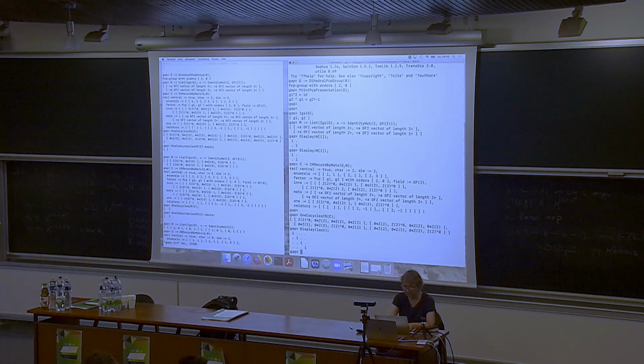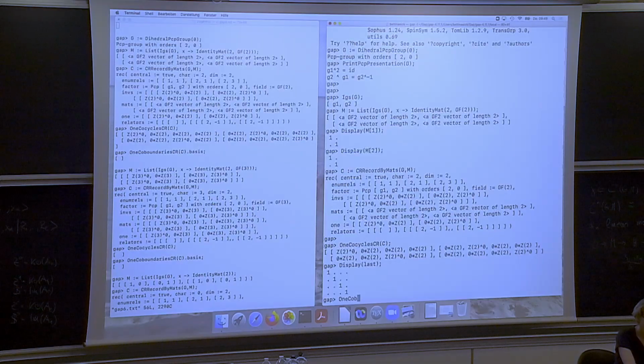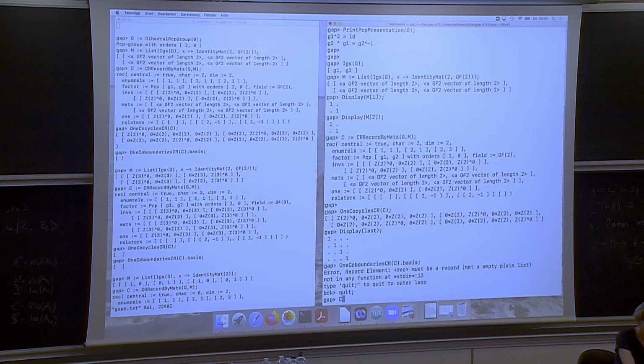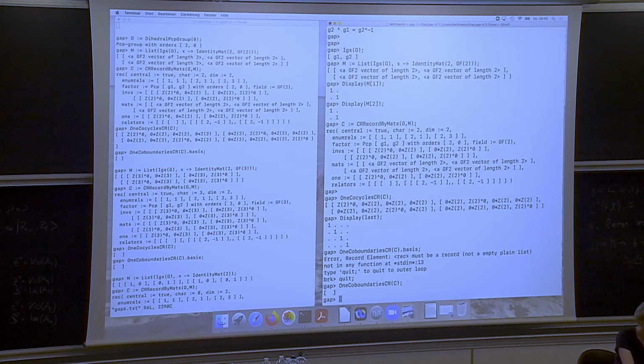And one coboundaries. In this case, I take the basis right away. Why not? One coboundaries. Well, okay.